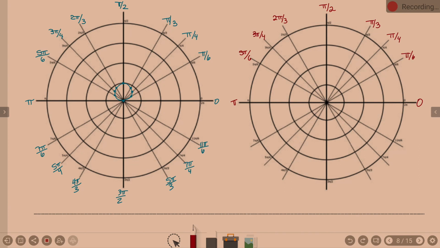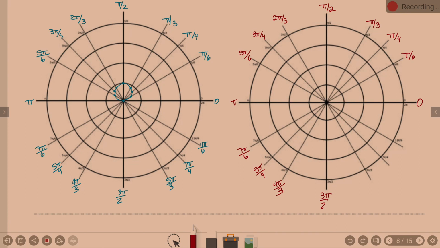Bottom quadrant 3, now we are all 1 past 1 pi. So 7 pi over 6, 5 pi over 4, 4 pi over 3. We know 270 is 3 pi over 2. And this last quadrant, we're all 1 before 2 pi, yes?